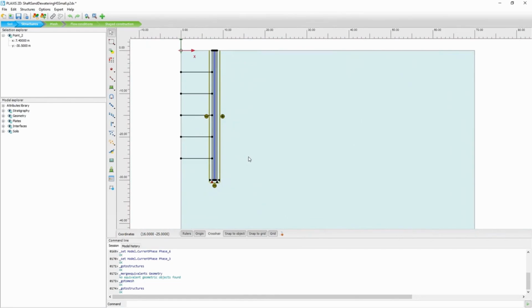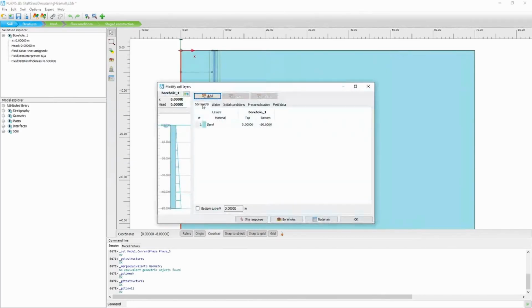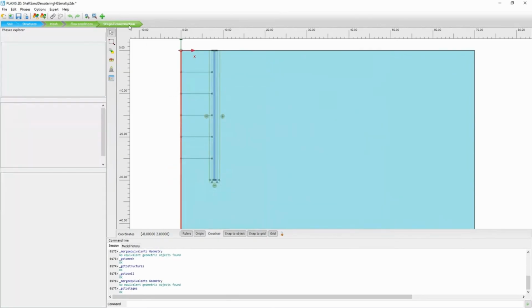The material, which is unique here, has been defined according to what I presented. And initially, the water level, which is defined here, is set at 0. Okay, you see it here. And let's take a look now at the phasing.